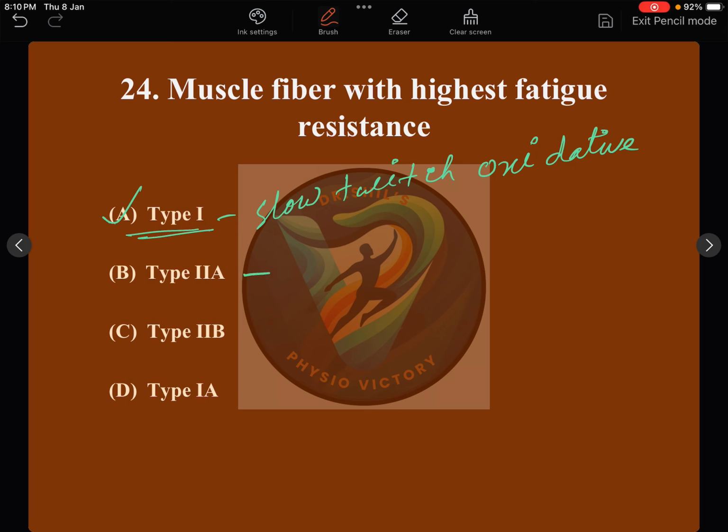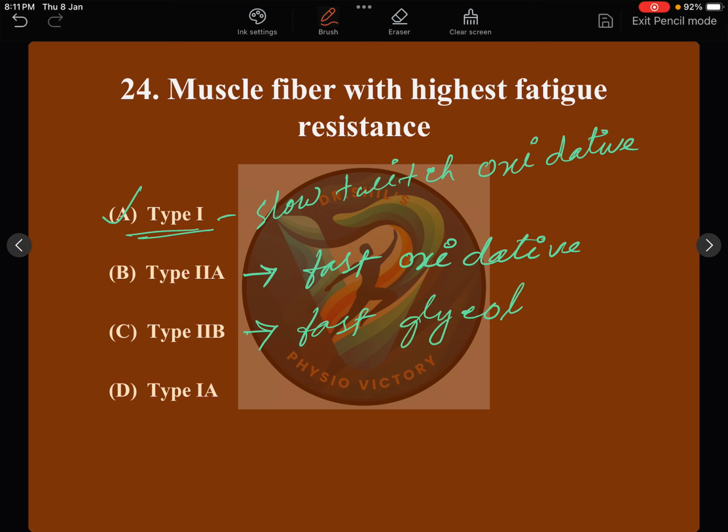Type 2A is fast oxidative, type 2B is fast glycolytic, and there is nothing called type 1A.